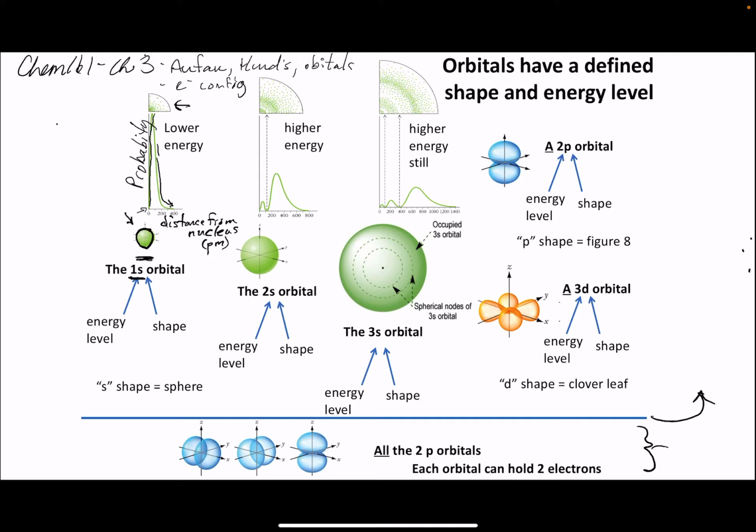So when L equals 0, we have an s orbital, and s orbitals are spherical in nature. So when we see s, we equate two things: L equals 0, and we're dealing with a spherical orbital.